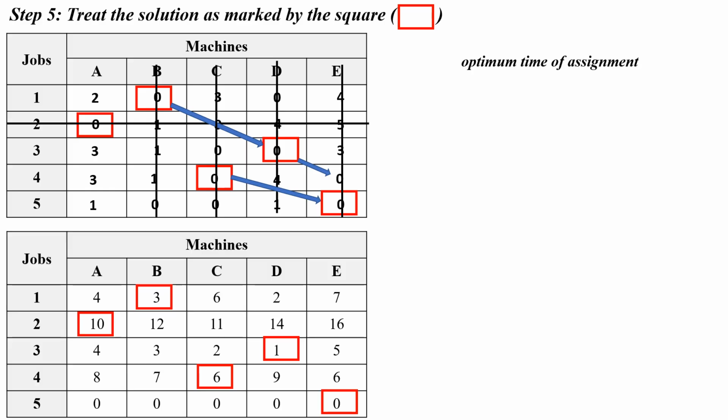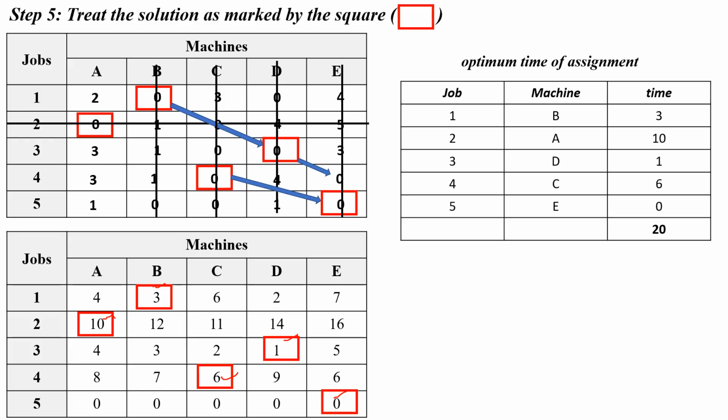So next we have to calculate the optimal time of assignment. For this I have to observe the initial balanced matrix. Similarly I have to mark a square at the respective positions. Then I go for the optimal assignment.